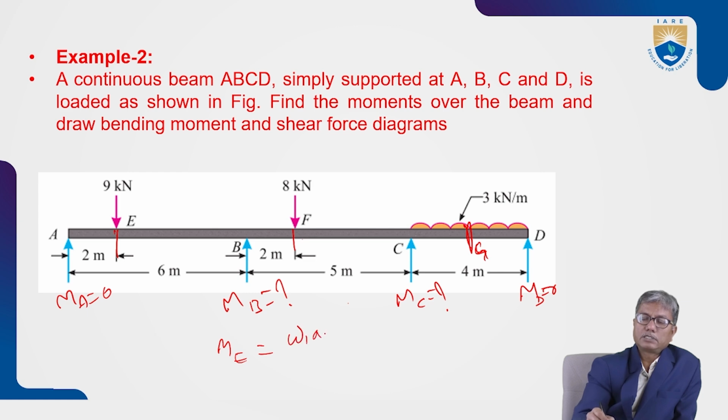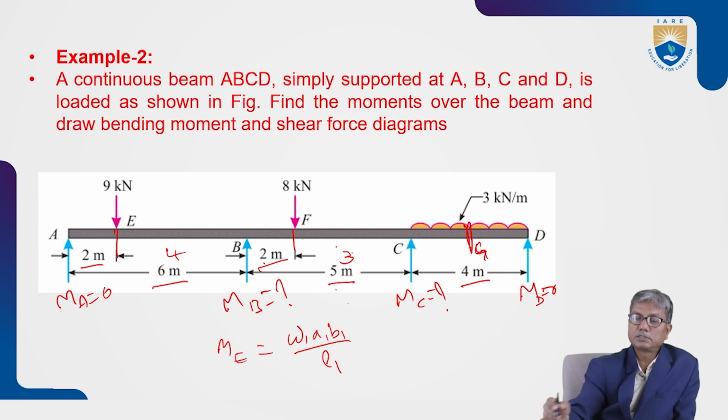W1 A1 B1 by L1. What is L1? 6. L2 is 5. L3 is 4. A1 is 2 and B1 is 4. A2 is 2 and B2 is 3, because it is 5.